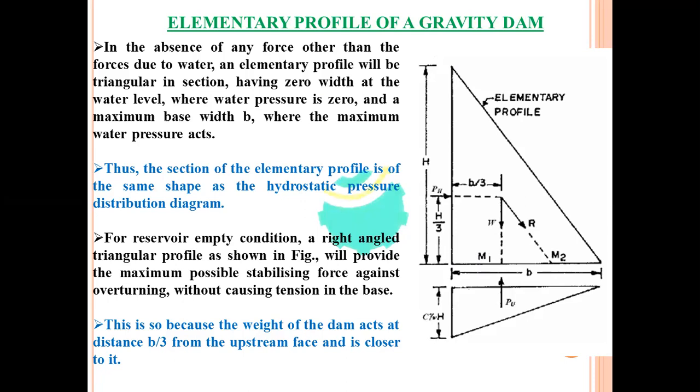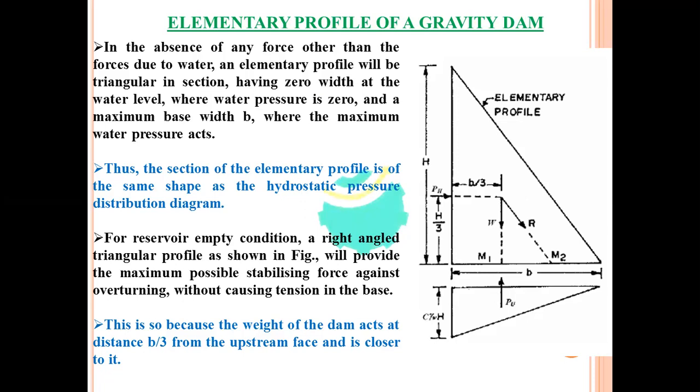The water pressure shape is also a triangle like this, but this shape is on the downstream side. On the upstream side, the triangle is in the reverse direction. So initially, we assumed a triangle shape of the dam, like the hydrostatic pressure distribution.